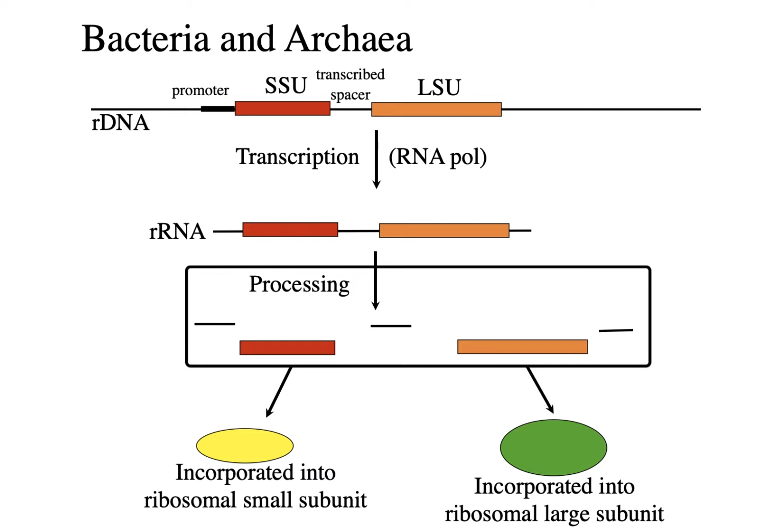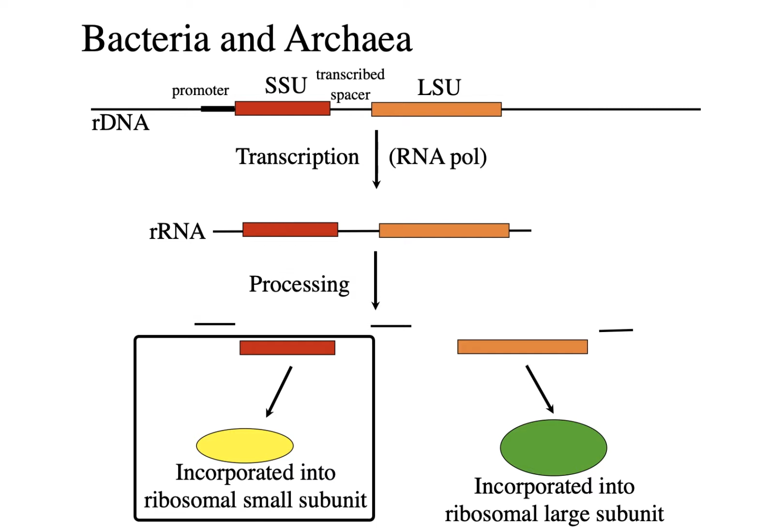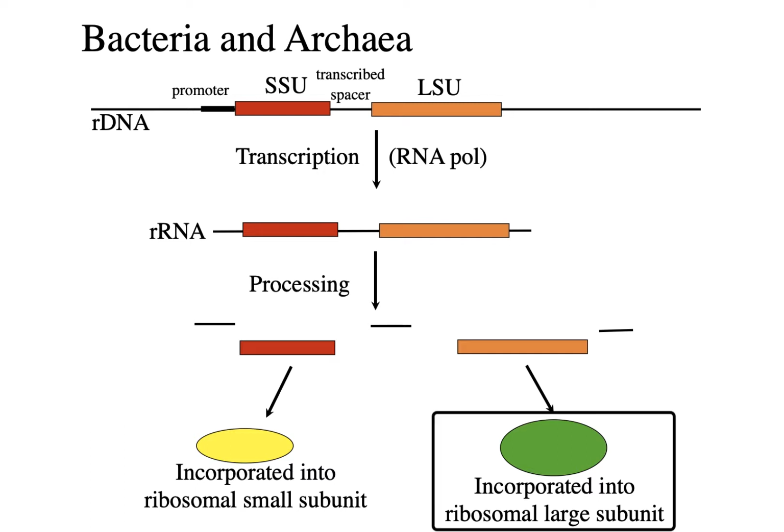And it's not splicing, so it's actually processing. The pieces are cut apart and not spliced together. And then this small subunit becomes incorporated into the small ribosomal subunit, and the large subunit and the 5S become incorporated into the large ribosomal subunit.